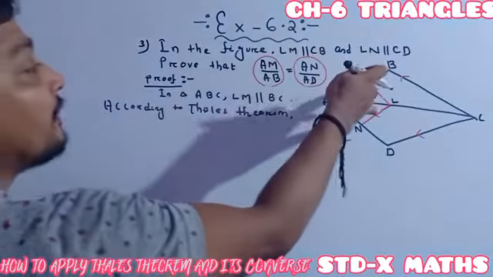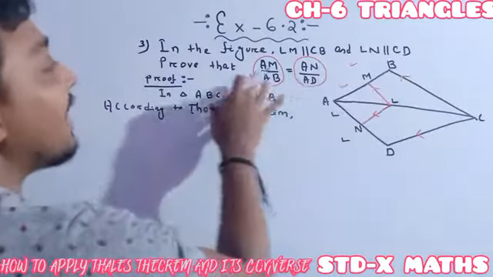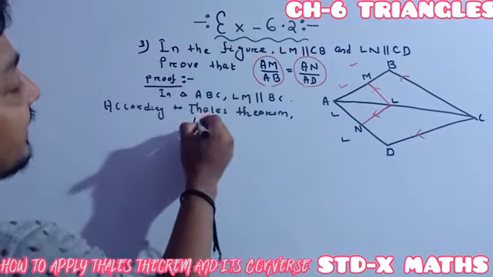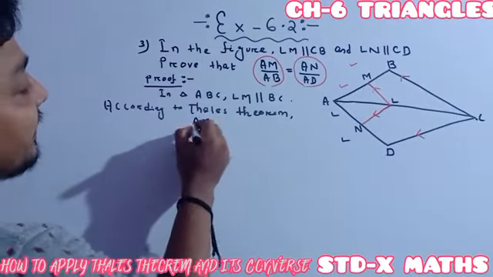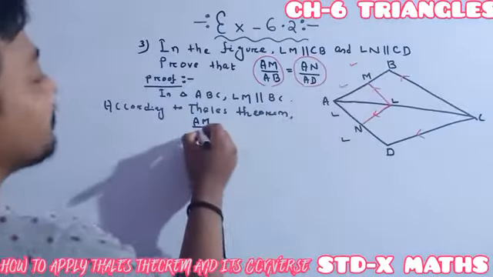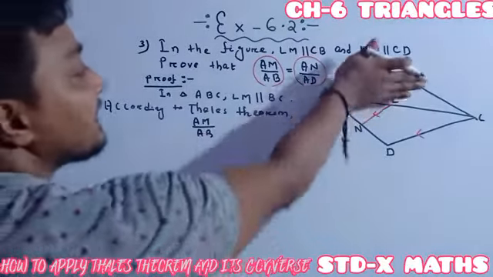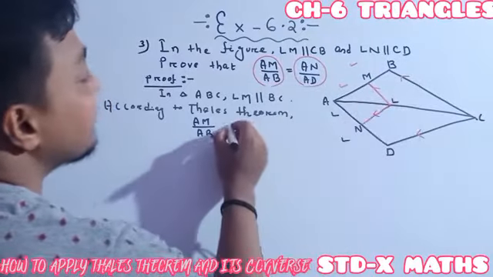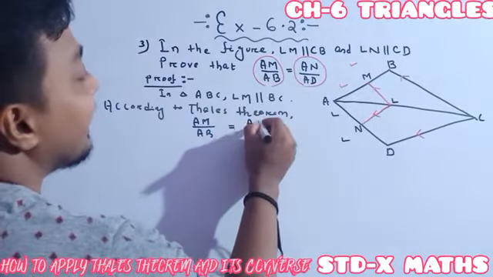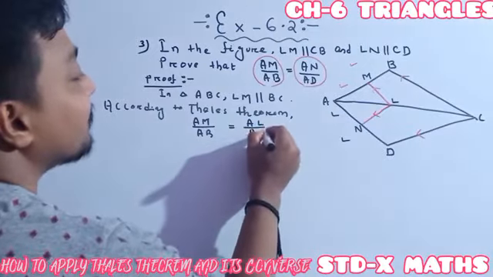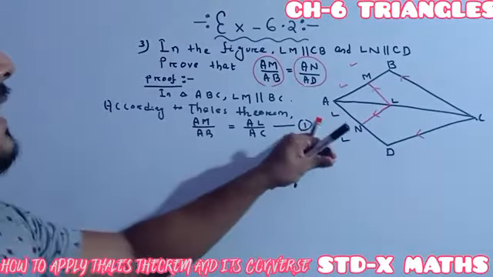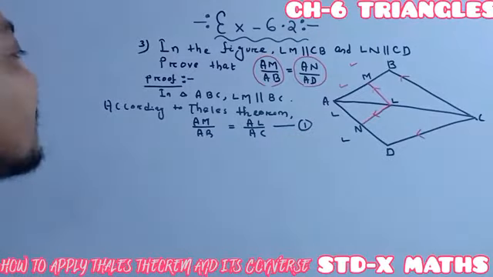Here it is little and greater. It means AM divided by AB in this triangle must be the same as AL divided by AC. This one we can take as equation 1.